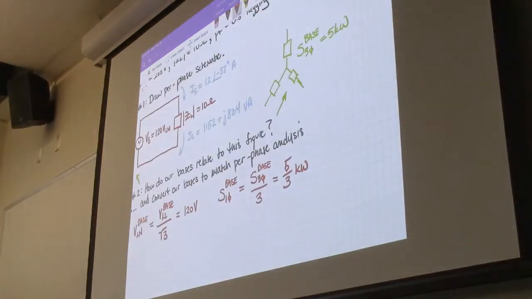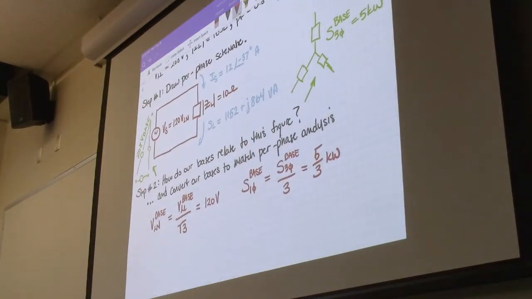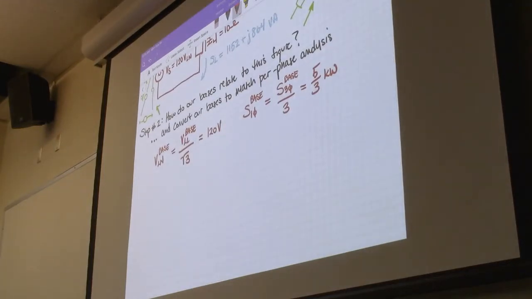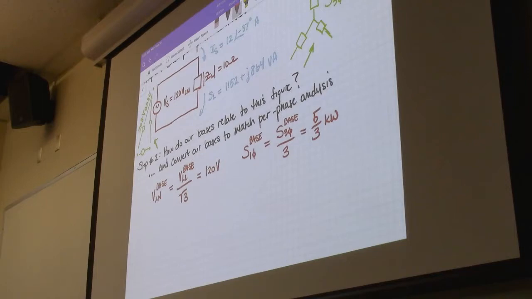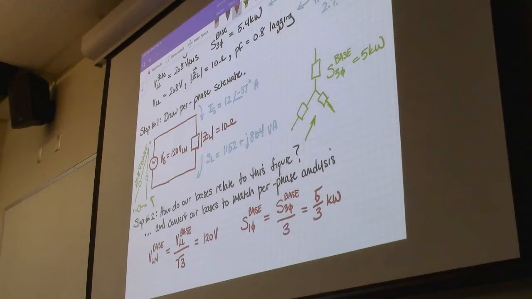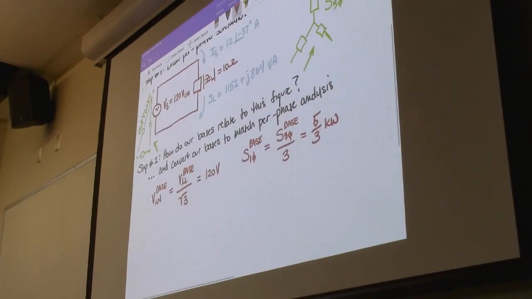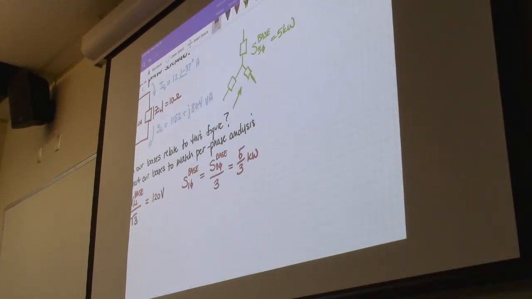Okay, and then once we have the values, shouldn't it be 5.4 thirds kilowatts? Is it 5.4? Yeah, they have the three-phase base with 5.4. Maybe you wrote it a little bit up there. Yeah, I apologize. I wrote 5 somewhere and I copied that value.